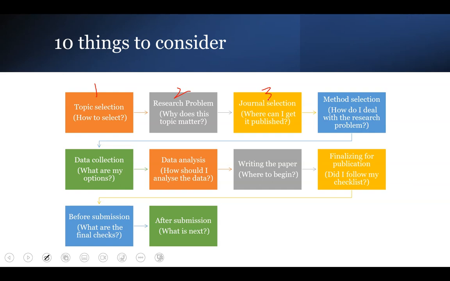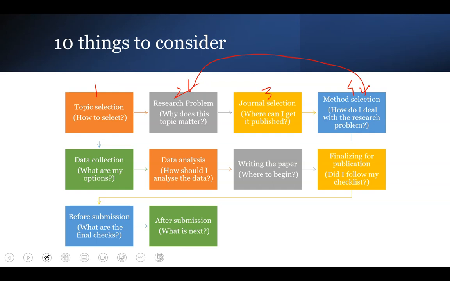Now that brings me to point number 4, method selection. Because what I'm trying to say is, your problem and the method that you apply should have a clear connection.